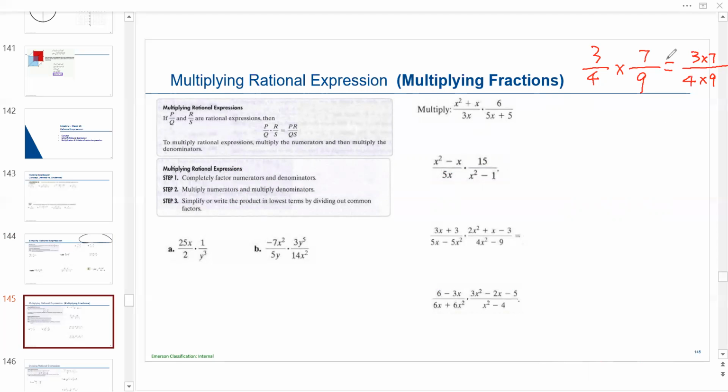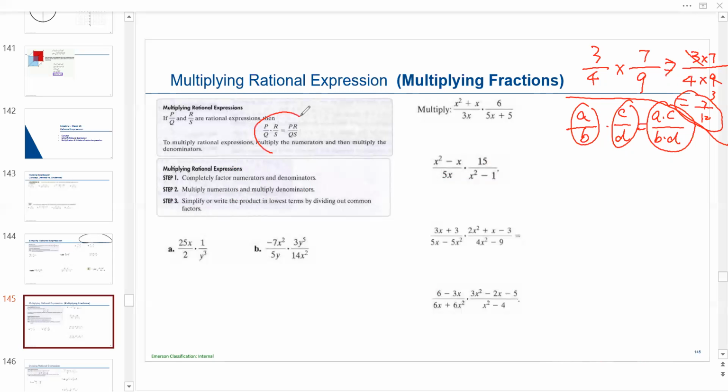Is it correct? Like A over B times C over D, you get A times C over B times D, right? For the fraction part. So after that, this becomes a rational expression. You can also simplify it and make it more simplified, right?